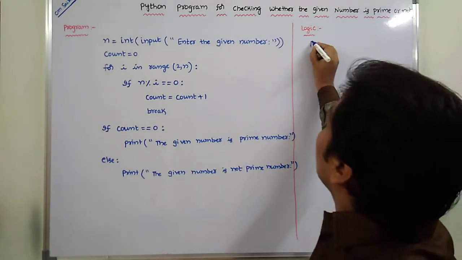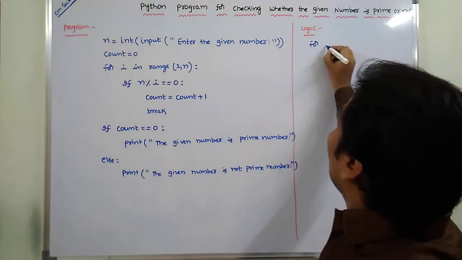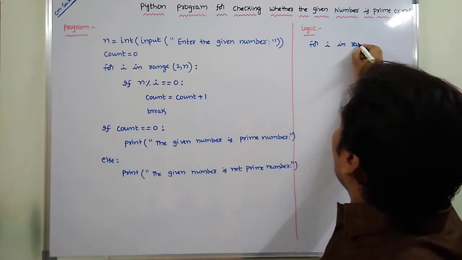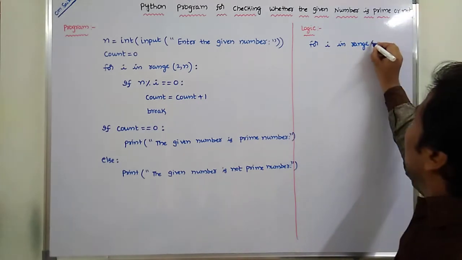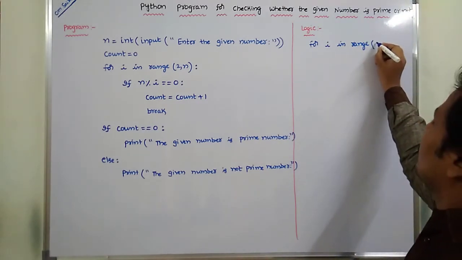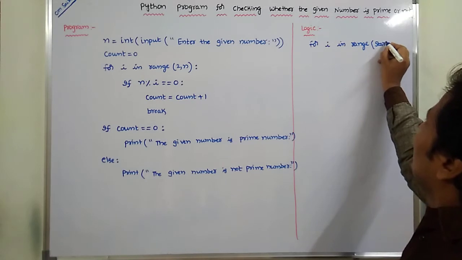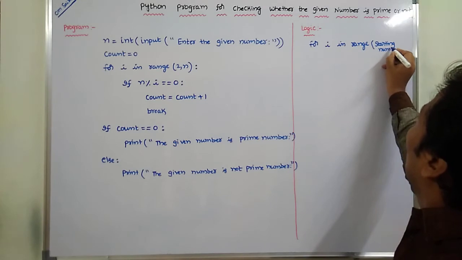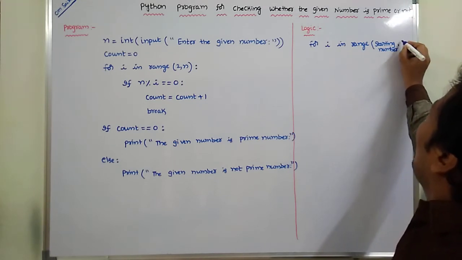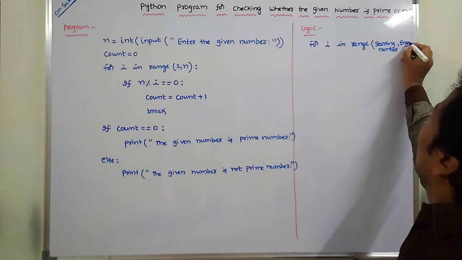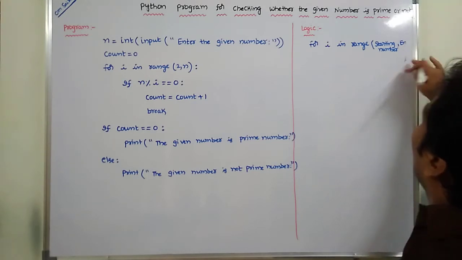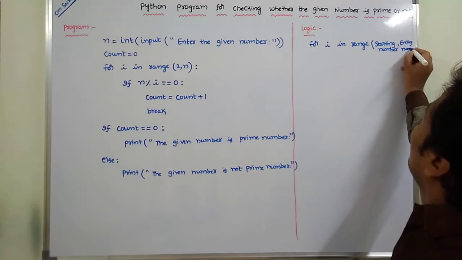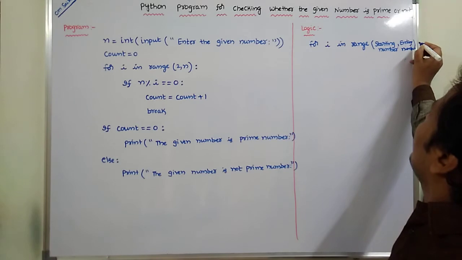The for loop syntax is: for loop variable i in range, starting number, meaning the loop variable starting number, comma ending number, then the colon.